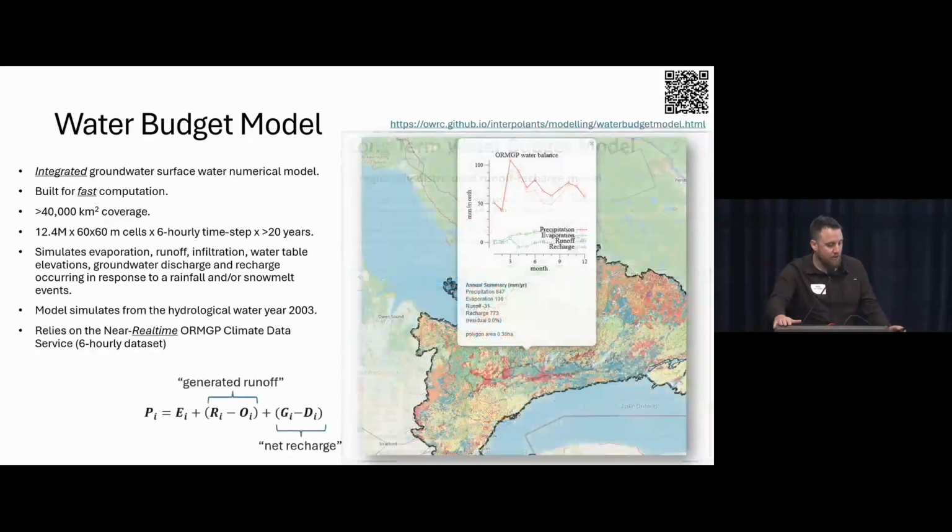So here we go. Right now we have a model, and this model does conceptually include groundwater discharge. You can click on any of these cells, there are 12.6 million of them, and get a seasonal hydrograph of your typical water balance numbers: precip, ET, groundwater recharge versus discharge, which is kind of the same element, an exchange or a net recharge, and runoff.